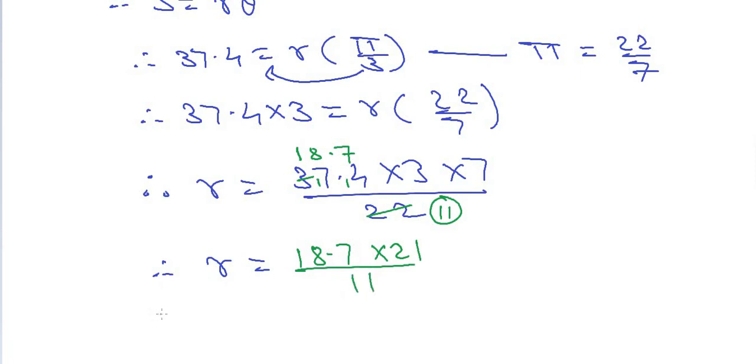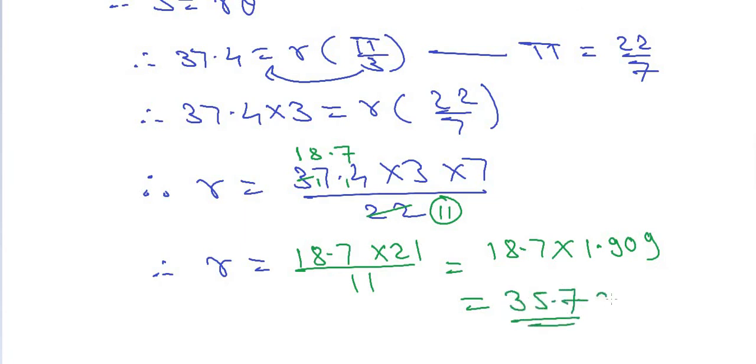Now let us divide 21 by 11, so that is equal to 18.7 multiplied by 1.909. And when you multiply 18.7 into 1.909, the final answer we get is 35.7. So this is the radius of the circle, 35.7.